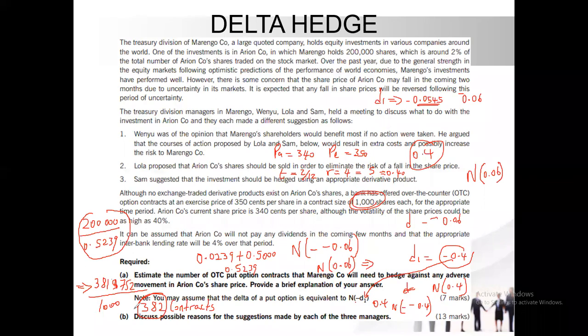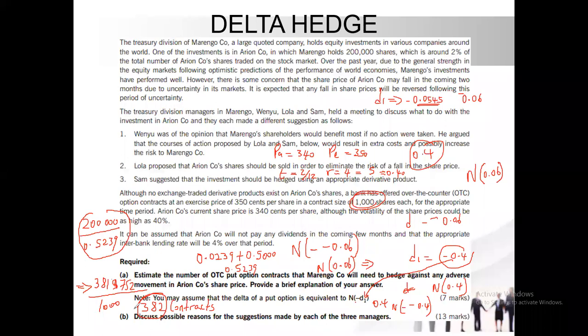The major part of this question was, do you know how to create a delta hedge? Do you know how to get the N(d1)? So people, this is the concept of a delta hedge. I'm sure you have picked an idea of what you're trying to do.